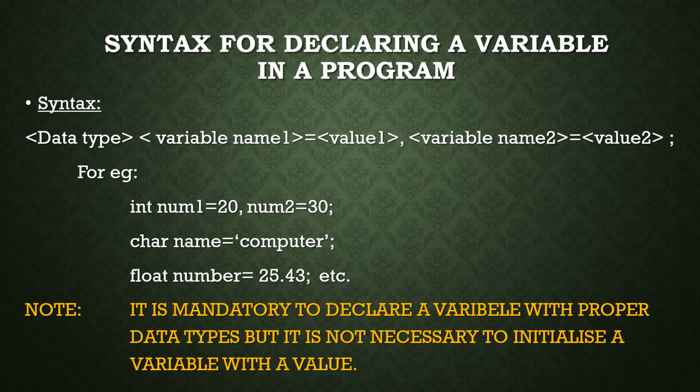And if you have more than one variable of the same data type, then you must use a comma, then the second variable name, then the assignment operator, then the value. So this way you have to declare and initialize a variable.